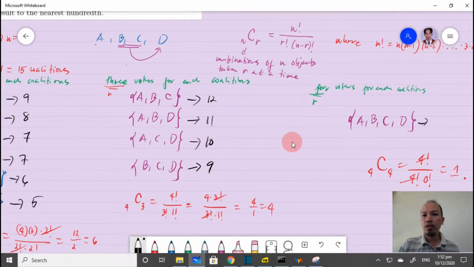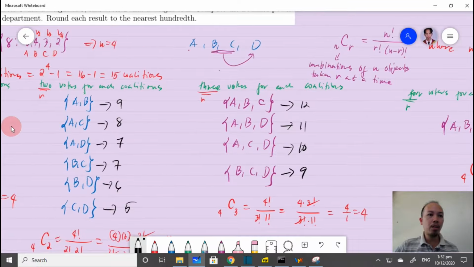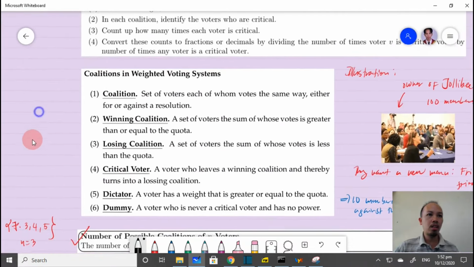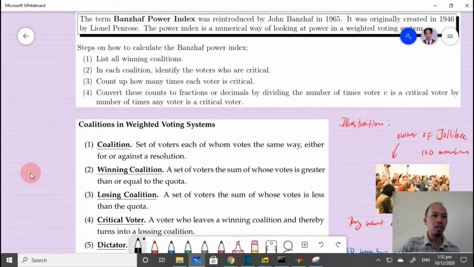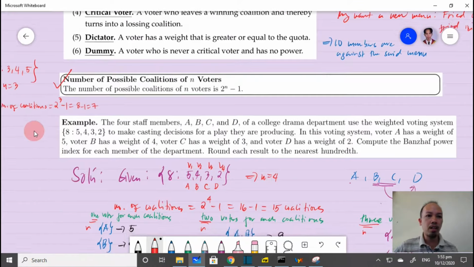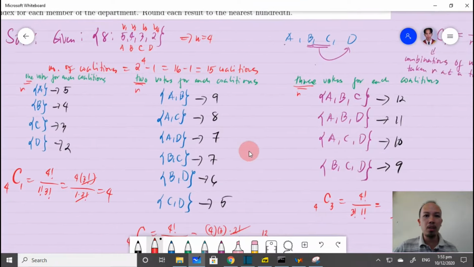Now, it says here in the step, list all the winning coalitions. The winning coalition is a set of voters the sum of whose votes is greater than or equal to the quota. Our quota here is 8. So which ones are greater than or equal to 8?